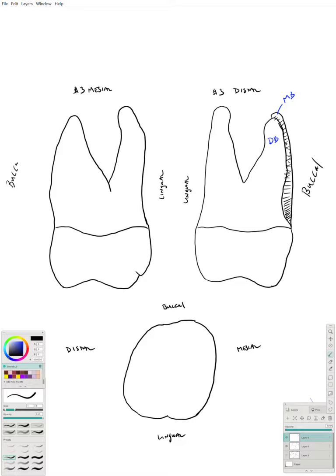But the biggest things that I'll point out that will help here is that we have our marginal ridges, so our mesial marginal ridge and our distal marginal ridge, and then our ridges that make up all of our cusps, and I'll let you guys figure out what those are. But all of these things kind of link together to form our occlusal plane of our molar.